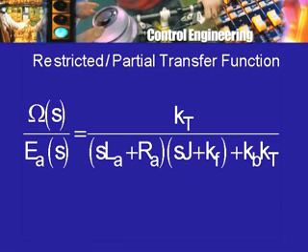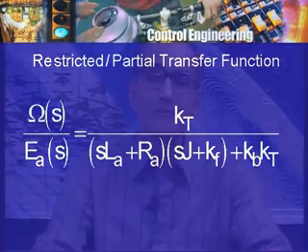So this is what may be called a partial transfer function, because it does not give you the whole of omega, it only gives you the part of omega that involves EA, the other part of omega involves TL. So it is the transfer function or the gain from EA to omega. It is the transfer function relating the applied voltage to the speed.